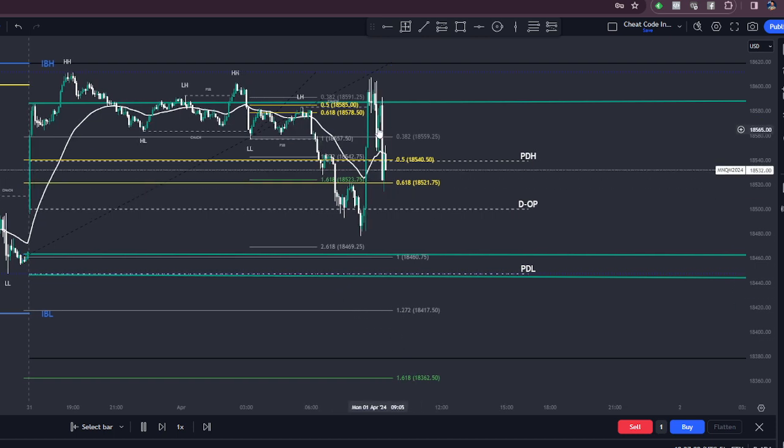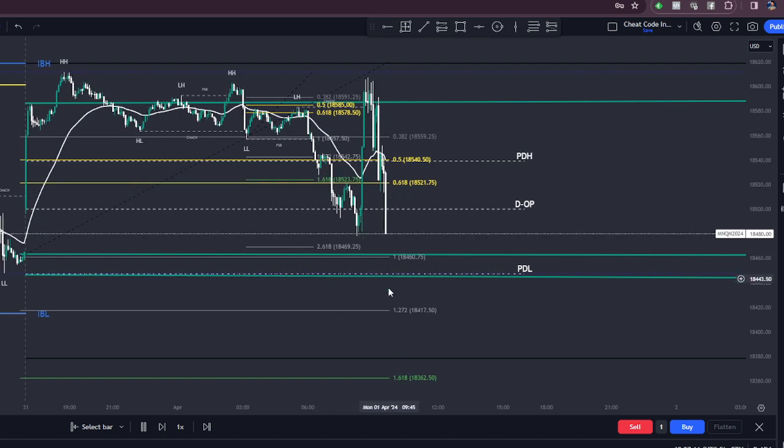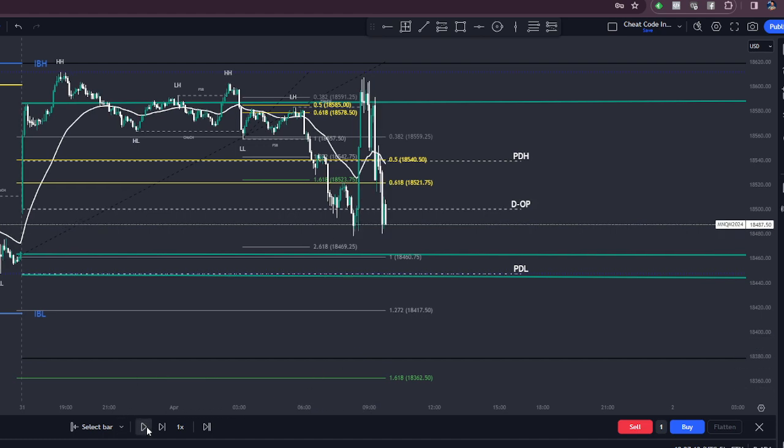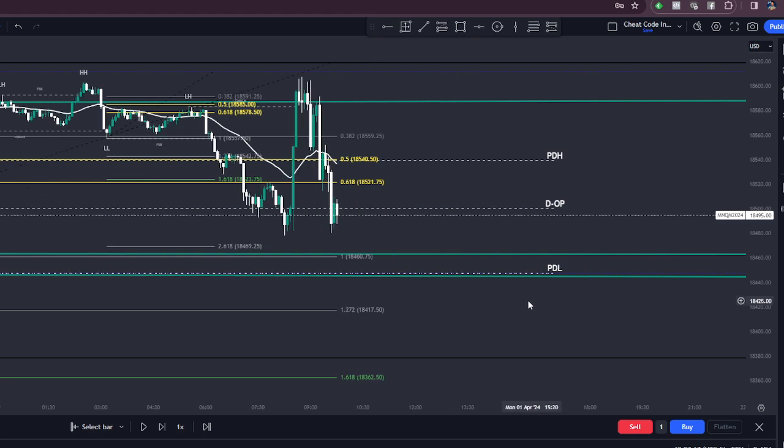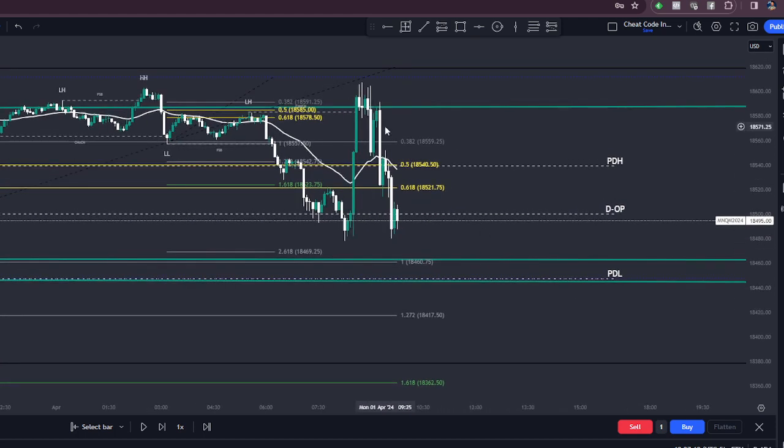Now the market is open. This is 9:15. Actually, this is the market open.